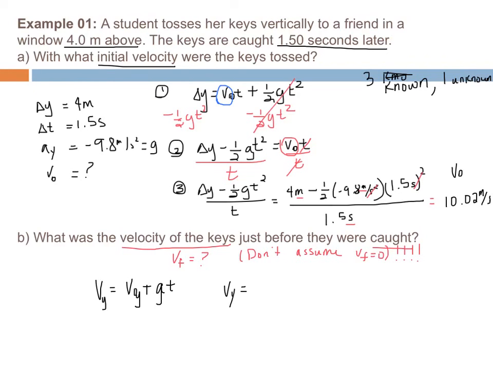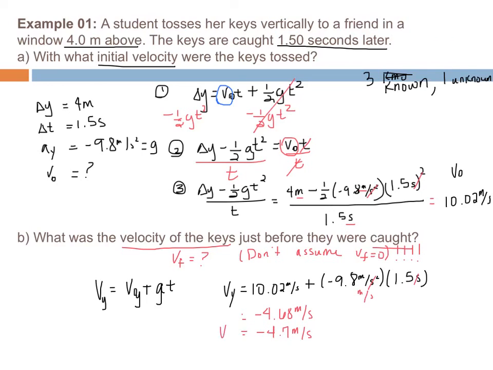So this becomes 10.02, negative 9.8 times 1.5 seconds. Again, my units work out, so that's good. You should get a final velocity of negative 4.68 meters per second. Negative 4.7 would have been fine too.